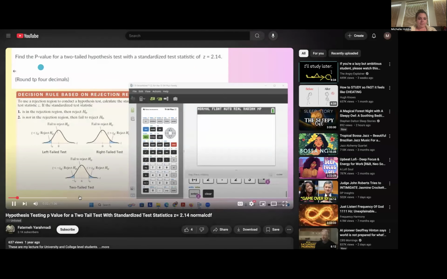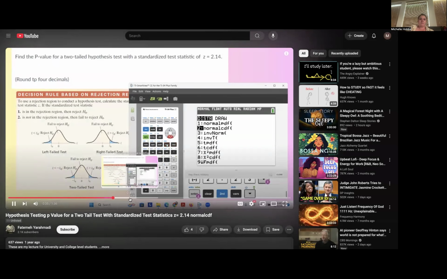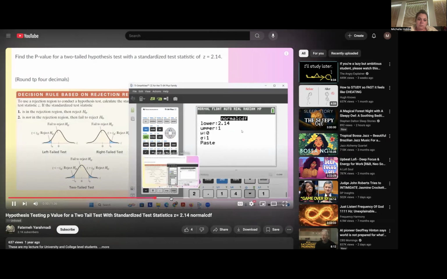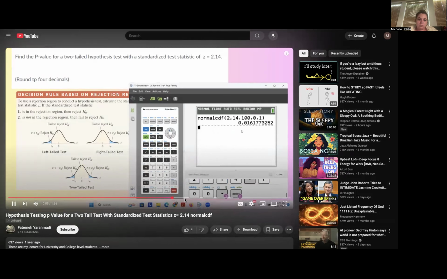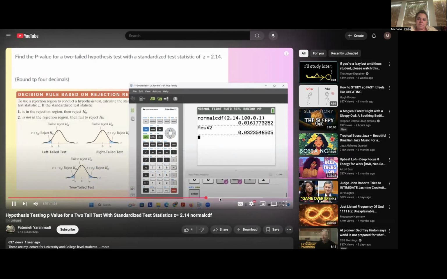In this question, we want to find the p-value. The half is on the right. So give it a positive number, since it's two-tailed, and find normal CDF right here. To a positive number like 10 or 100. We're going to find this little area and multiply that number by 2. So when multiplied by 2, we have 0.03235.